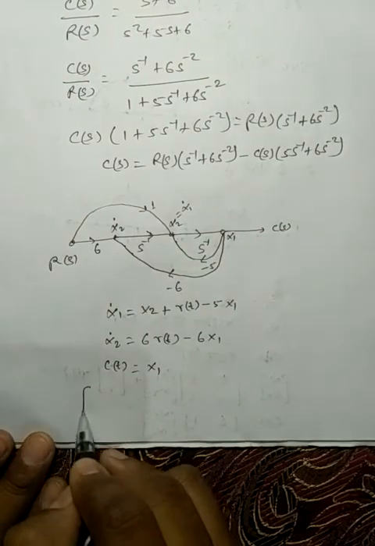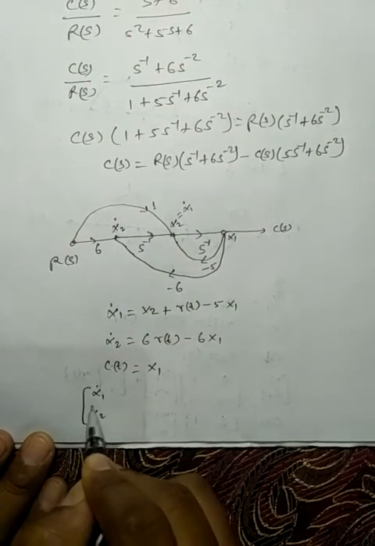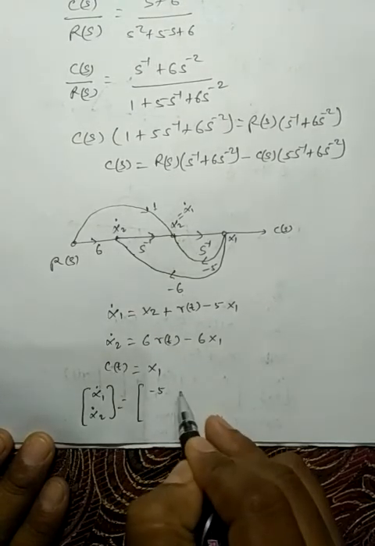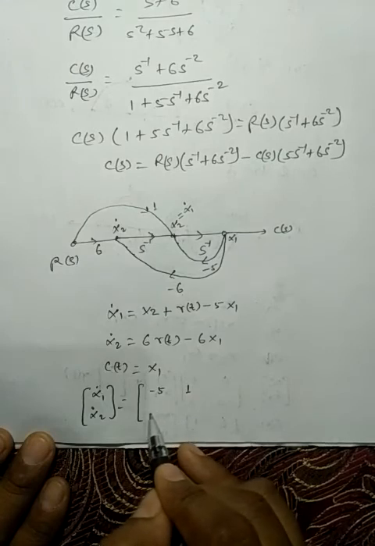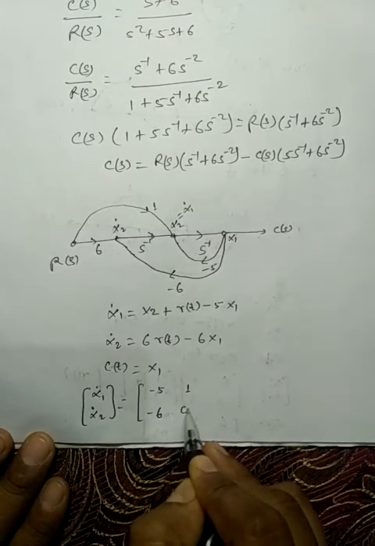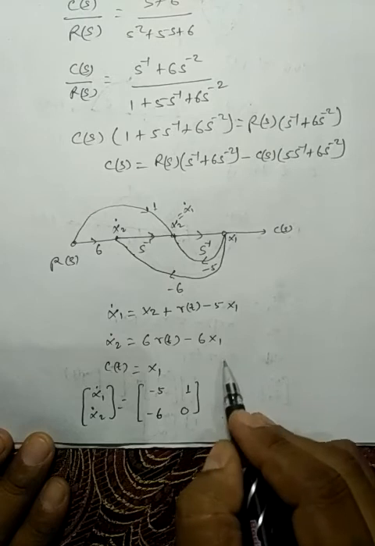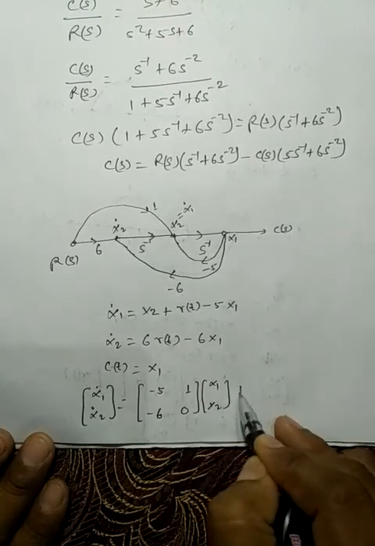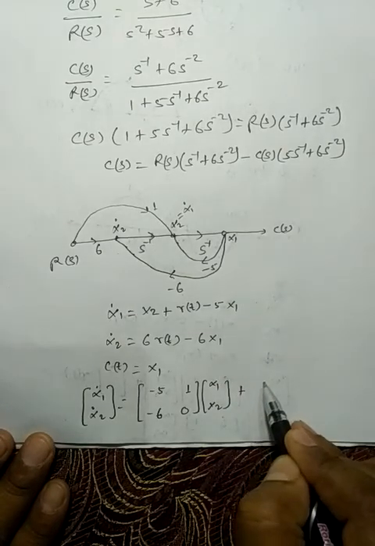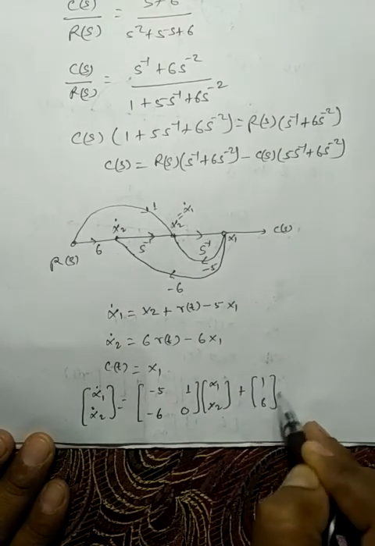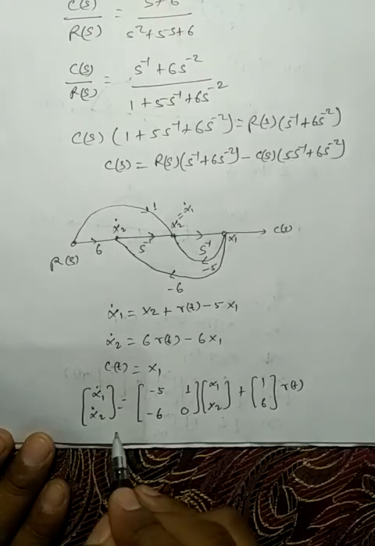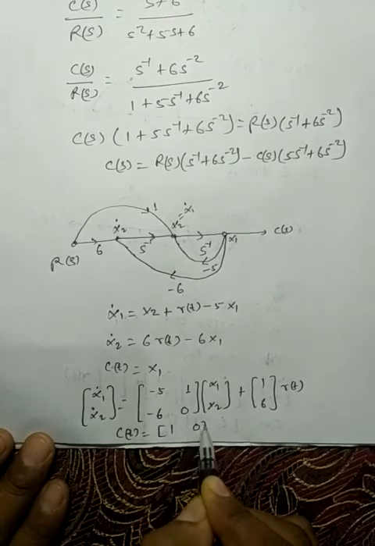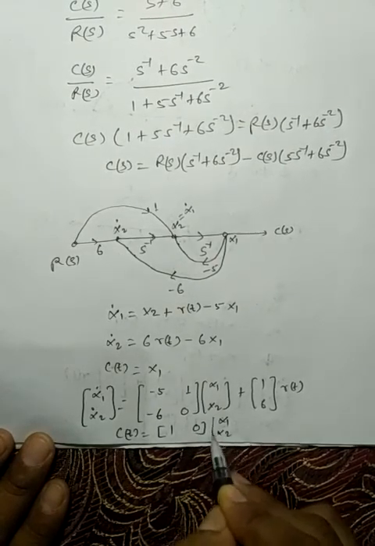So in matrix form, x1 dot x2 dot is equal to minus 5 1, minus 6 0 and x1 x2 plus 1 6 RT, and CT is equal to 1 0 x1 x2.